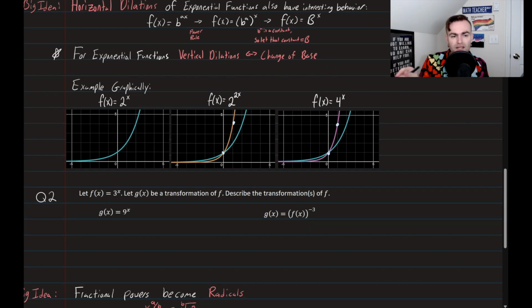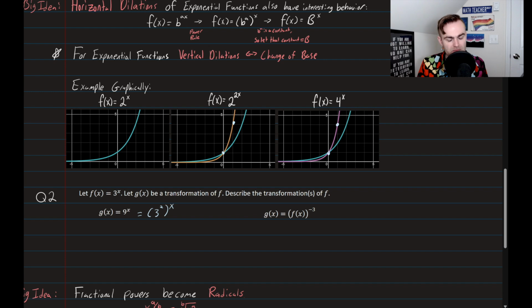So let's do kind of like what we did before, and let's take 3 to the power of x and describe some transformations as dilations, in this case, of 3 to the power of x. So the first one, we have 9 to the power of x. Well, 9 is just 3 squared.